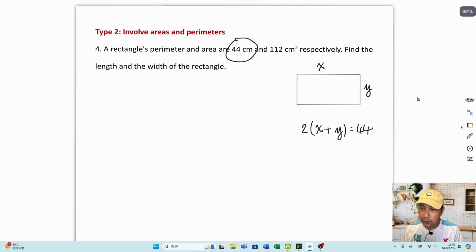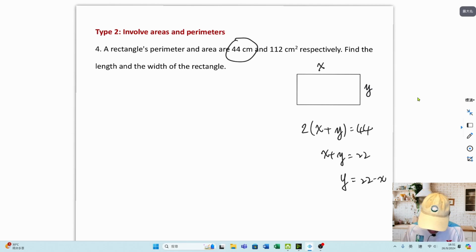We can use this relationship to express y in terms of s. How do we do that? The first thing, we move 2 to the right hand side. So s plus y is 22. So y is 22 minus s. So y can be expressed in terms of s.